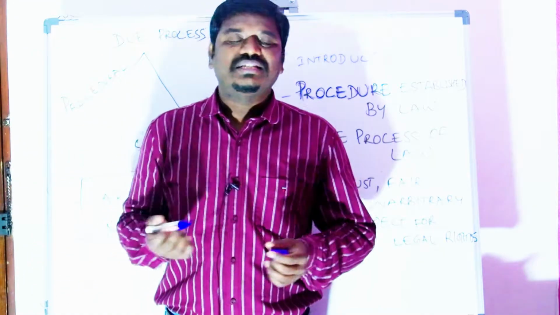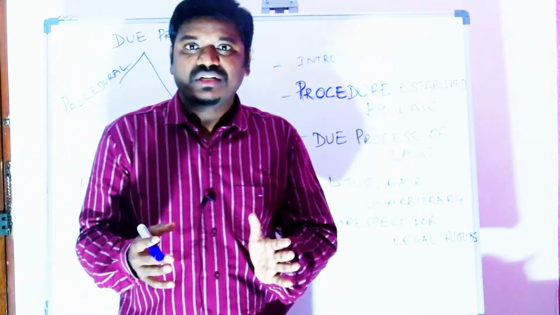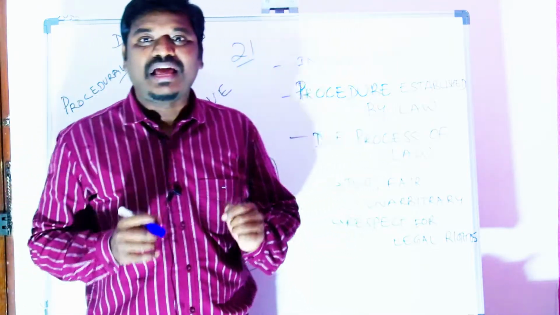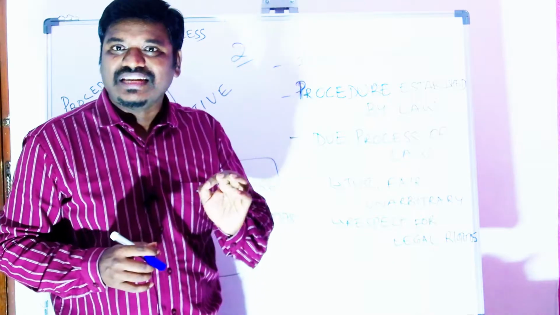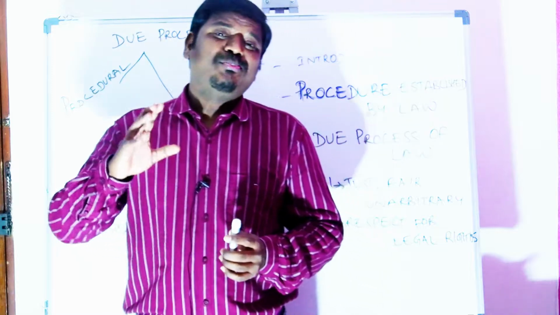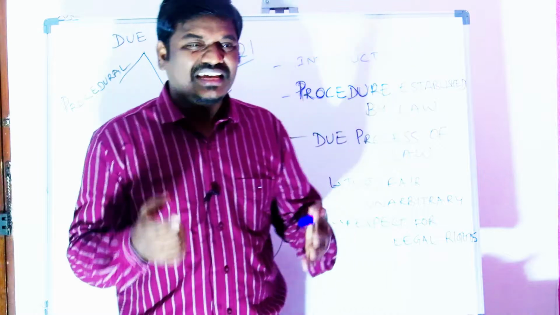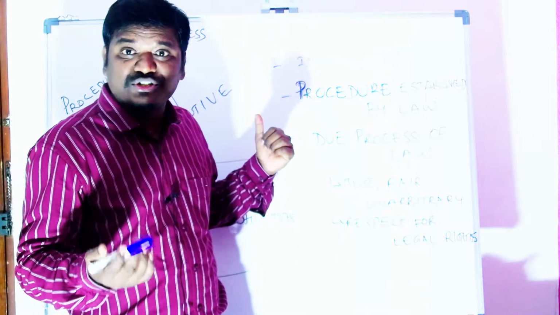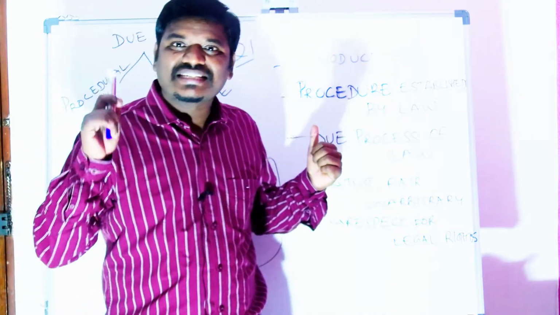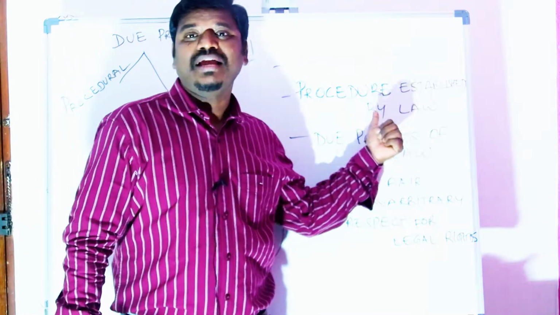What does Article 21 speak of? Actually, it talks about protection of life and personal liberty. So it clearly says no person shall be deprived of his life or personal liberty except according to the procedure established by law.